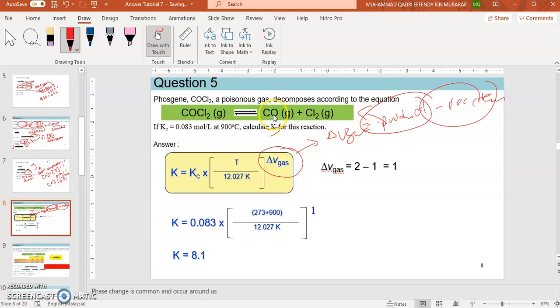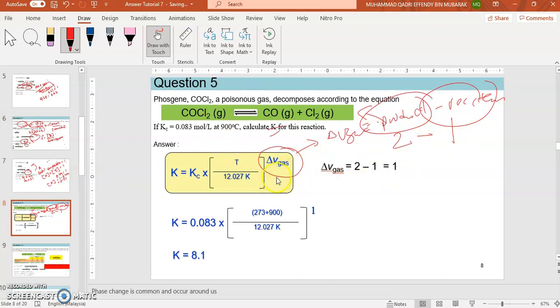Here we have 1 mole and here we have 1 mole, so our product will be 2, because 1 comes from CO and another 1 comes from chlorine gas. Then minus reactant. Our reactant is only 1 mole of COCl2 gas. That's why 2 minus 1, so we have 1.